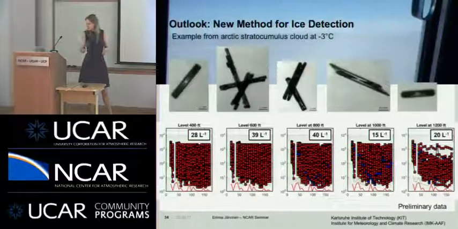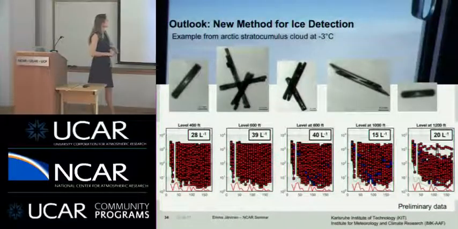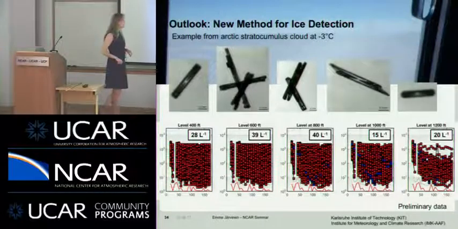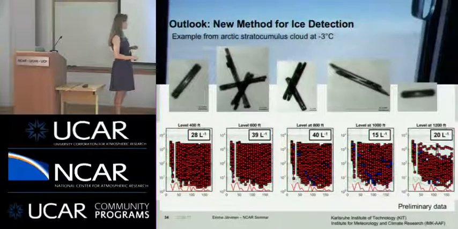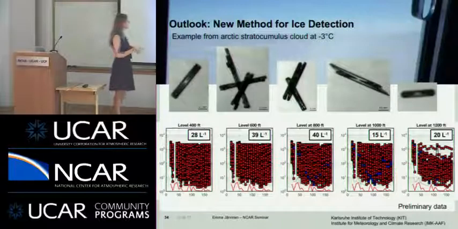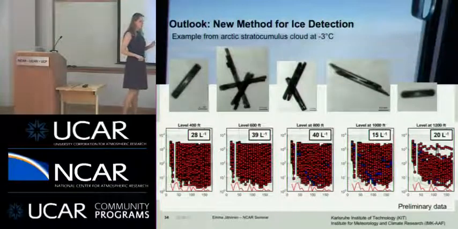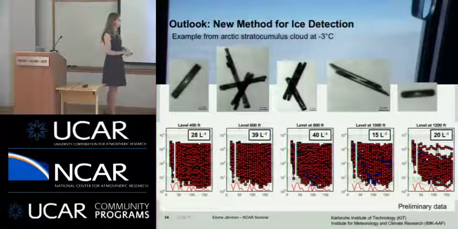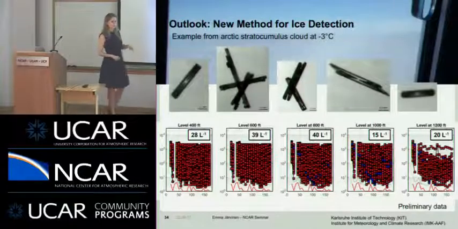I wanted to shortly show you what we measured two weeks ago in an Arctic stratocumulus cloud at -3 degrees, where we measured ice particles. Here are some images. At these temperatures, we have a lot of columnar ice particles. We see here again hollowness and some nice features. Because it's a single particle nephelometer, I have for each single particle the angular light scattering function, which is a really messy plot.